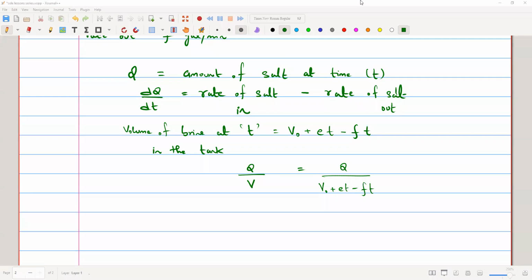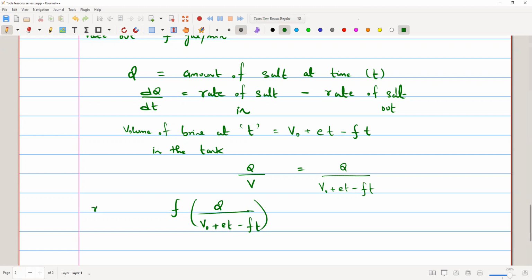So the salt leaves the tank at the rate F times this concentration, that is Q over V0 plus Et minus Ft.